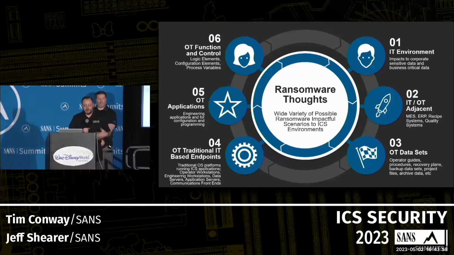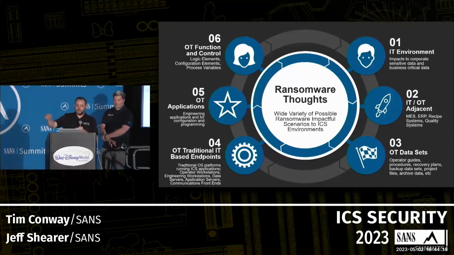And where you are running operator workstations on Windows-based or Unix-based systems, and you're running engineering workstations, data servers, historians, display servers, in many cases they are on traditional IT-based operating systems that can very easily, due to poor architectures, allow ransomware to spread and impact. So understand what your recovery capabilities are, what you will need to do to restore from those.